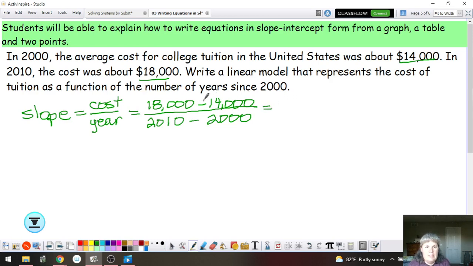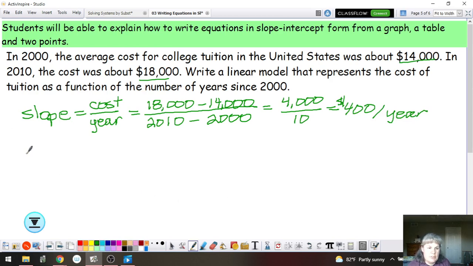So we have 18,000 minus 14,000 is 4,000. 2010 minus 2,000 is 10. And if we simplify that, we have a slope of 400. So that would be defined as being $400 per year was the increase.